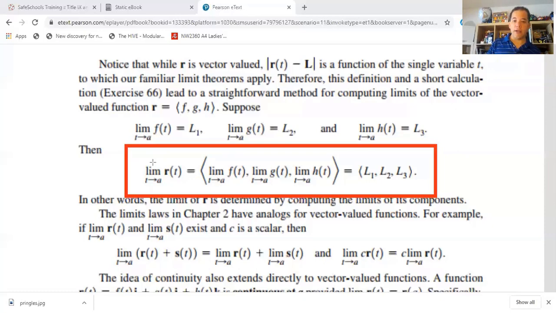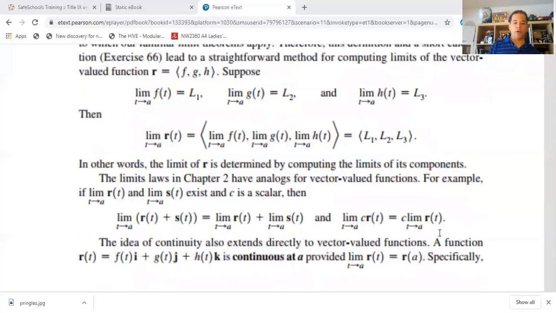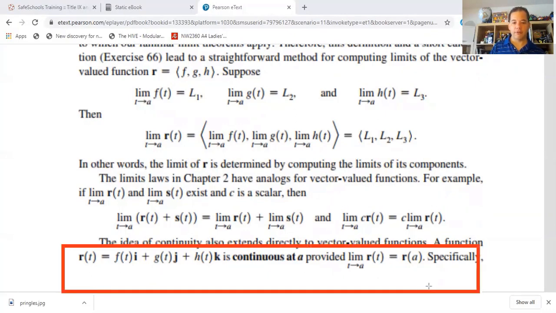In the same way, we can also talk about continuity. So for continuity, it's right here at the bottom. We say that a function is continuous if you can do the limit by simply plugging it in.